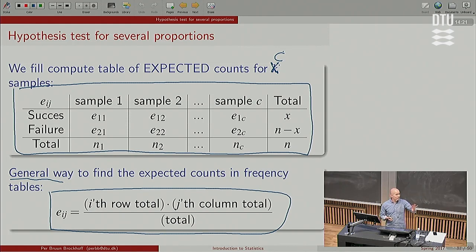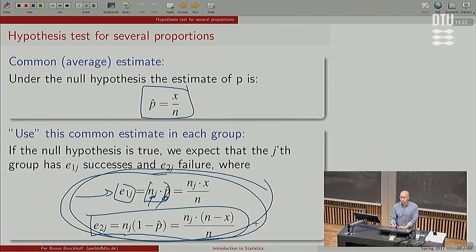In any such tables, N by, and we're going to see R by C tables in a second, any number of categories and any number of groups, we can find the expected table by multiplying row total by column total and dividing by the overall total. That goes for all. You combine them all and you have the E table. That's the way to do it by hand. The way to understand what it means is the other one, and the other is to find them rapidly.